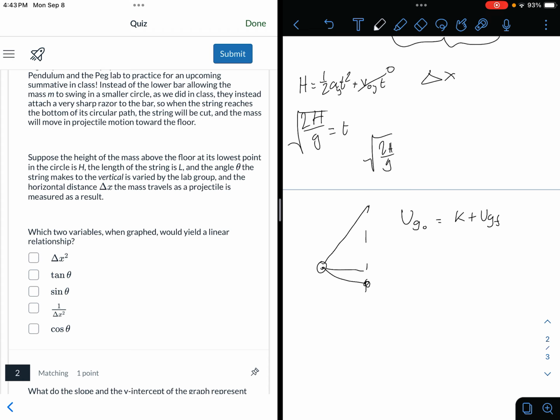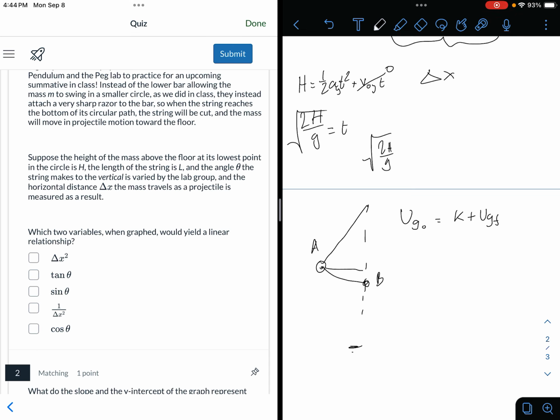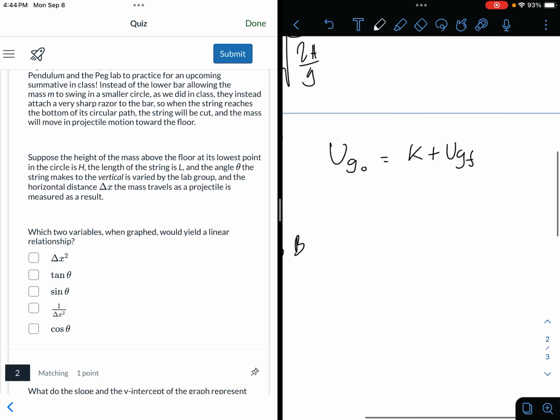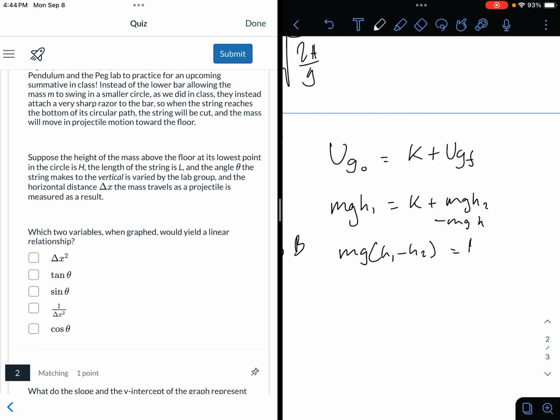If you want to conceptually understand this, you could say the UG is 0 here, so there's going to be some UG at point B, and more UG at point A. So I'm going to have MGH1 equals K plus MGH2. If I subtract over this term, I'm going to have MG times H1 minus H2 equals K, so this is really MG change in H.